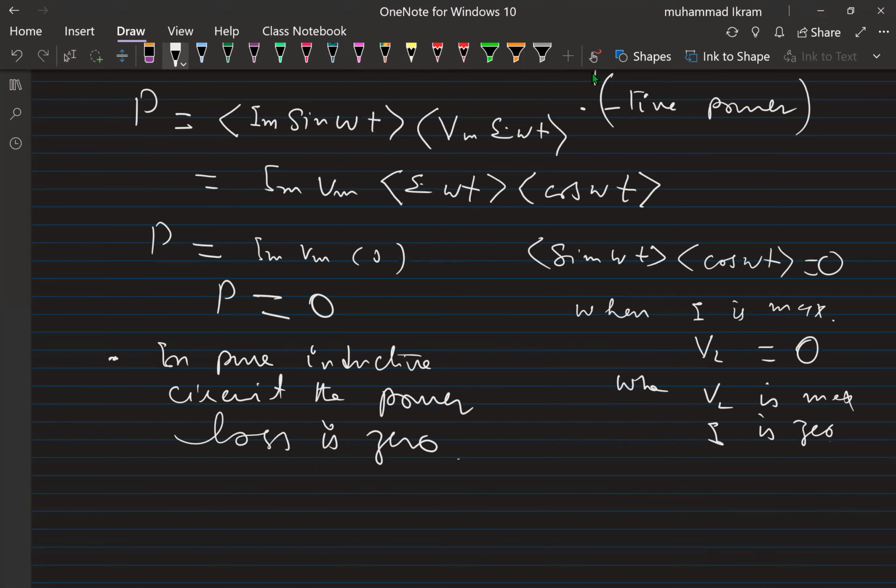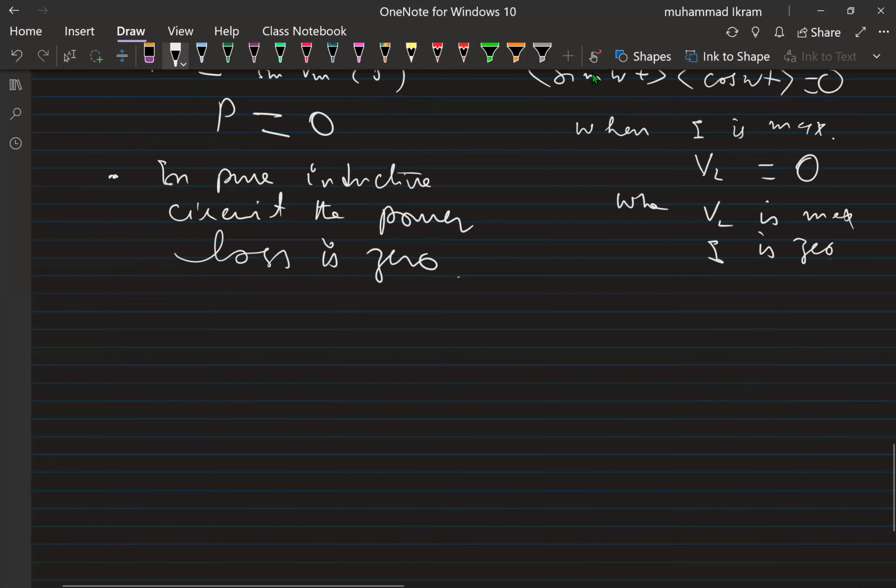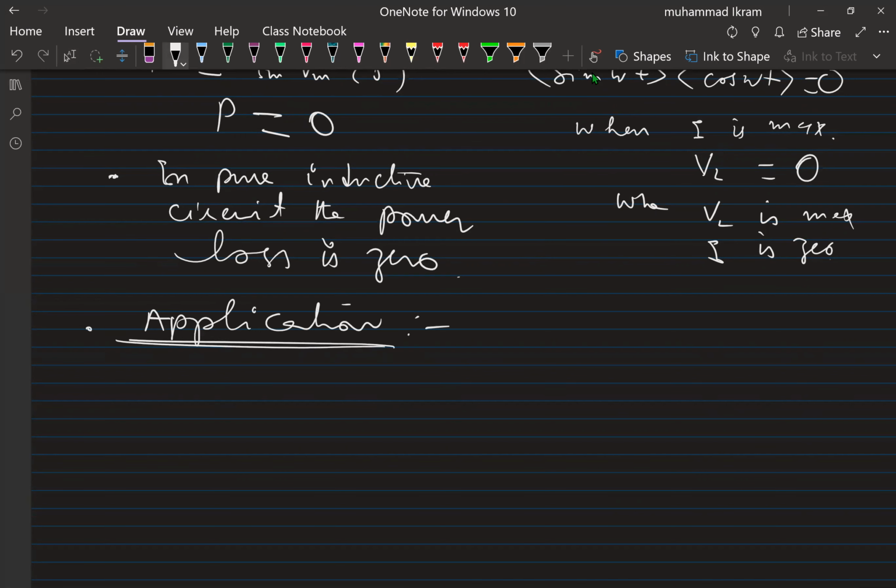Now in the application, as I told you, it can be used as a choke coil. This can be used in many electrical circuits, but here it can be used as the choke coil. A choke coil is a solenoid or inductor used in a circuit which offers a high reactance at a certain frequency range without limiting the flow of current.